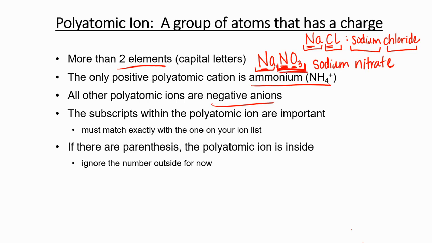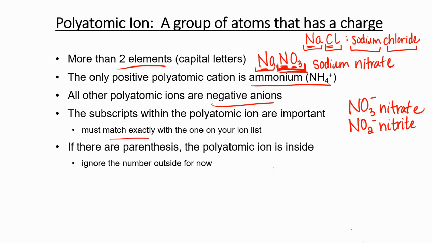The subscripts are important. They need to match up exactly. For example, NO3 is nitrate, NO3 minus, but NO2 is nitrite. And so having those match up exactly and correct spelling is going to be important.